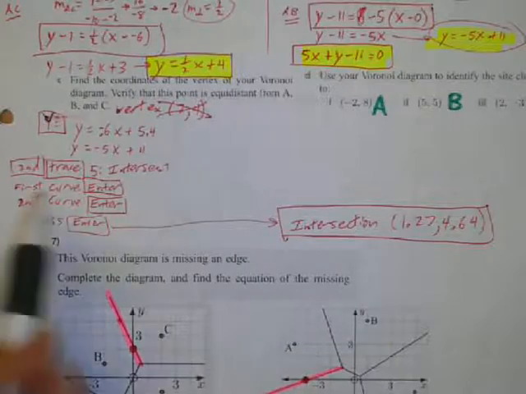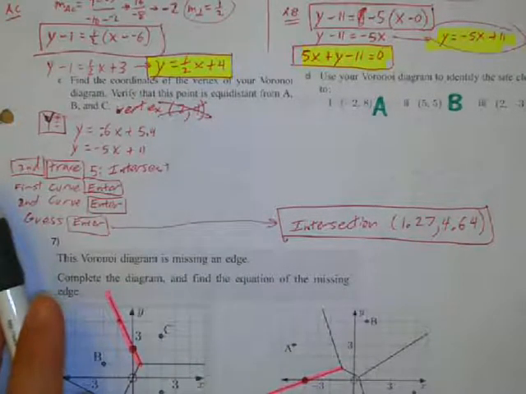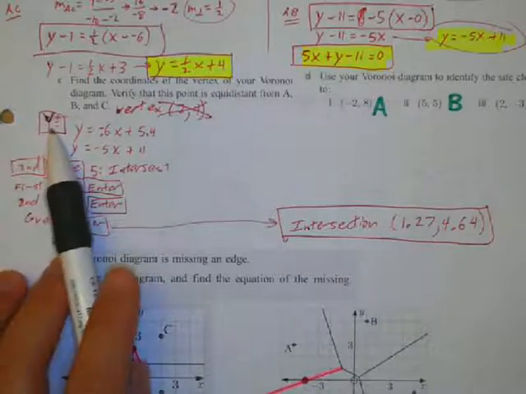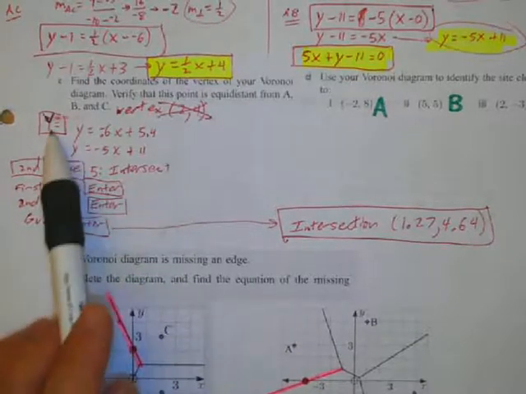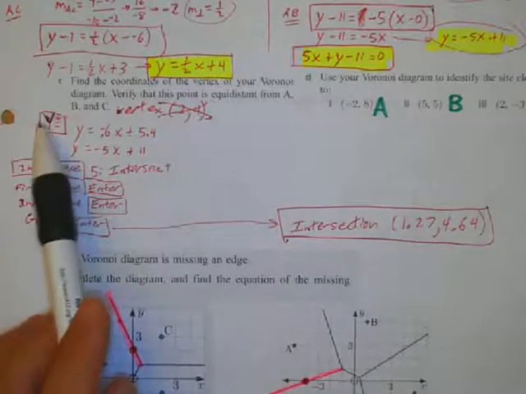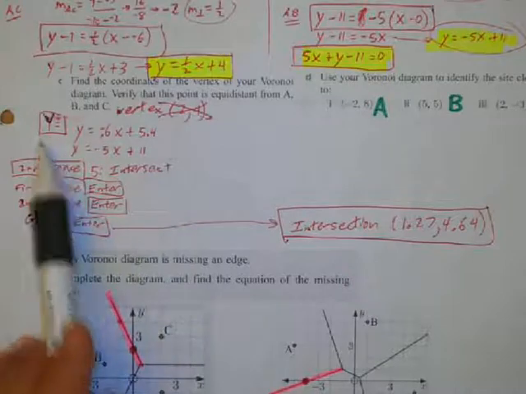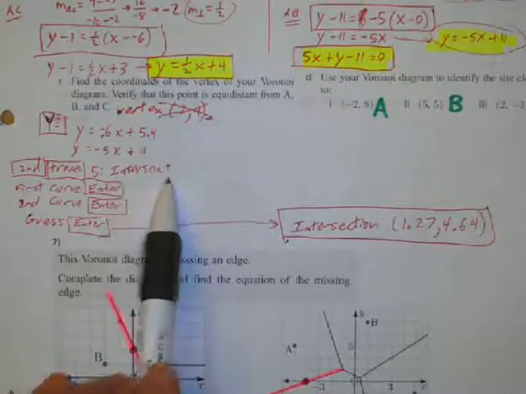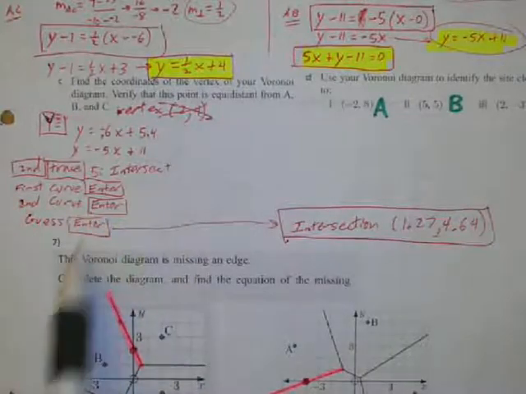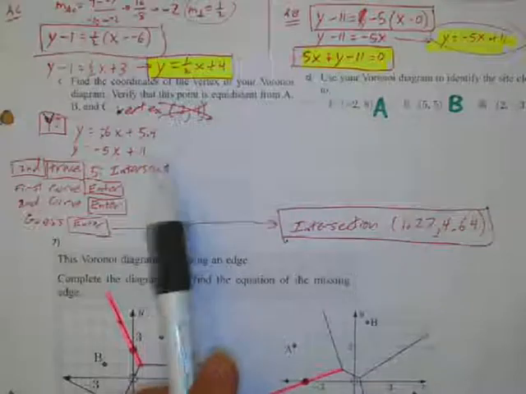And so on your TI-83 calculator, this is not going to be on this test, but we'll be doing this more down the road, maybe next semester. If you hit y equals, and you type in one equation, and then the other equation, and second trace 5 for intersect, and then you go through the process, and it'll give you the intersection. It's a decimal. We won't be doing this for this test.